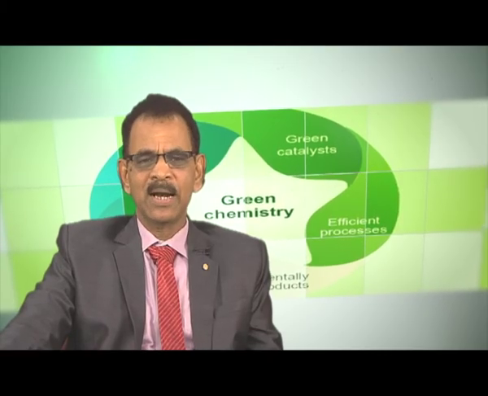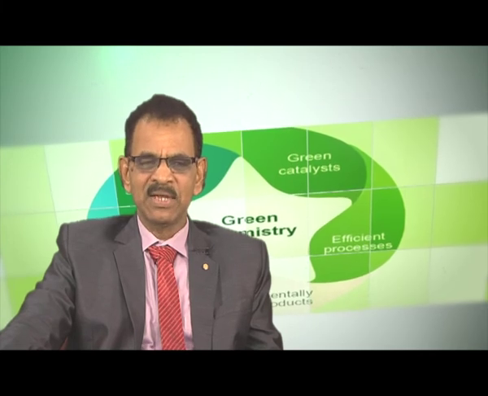There are plenty of examples available nowadays where toxic chemicals like chlorine are replaced with hydrogen peroxide. Similarly, numerous replacements have come after the popularization of the green chemistry concept.